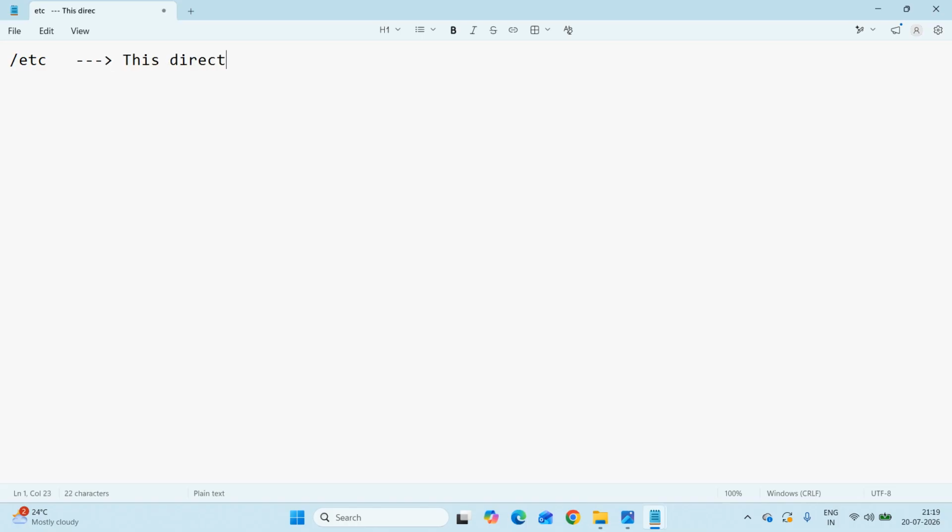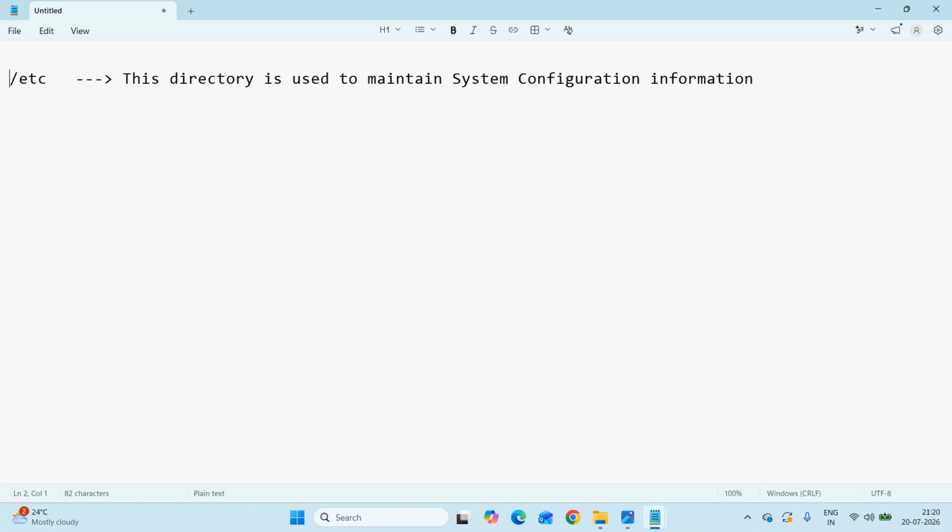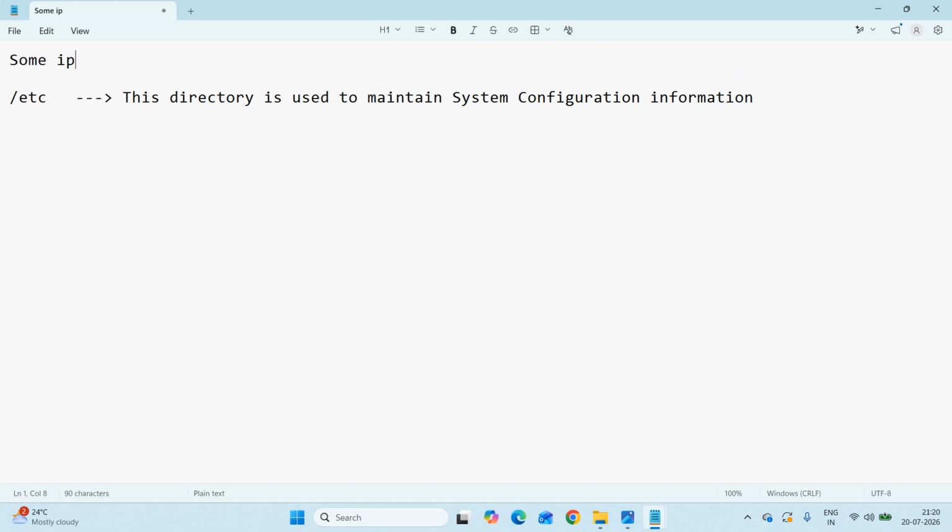This directory is used to maintain system configuration information, right? I'll say like this, people, some important directories in Linux and Unix systems. So /etc directory and its contents, they are used to maintain the system configuration information.